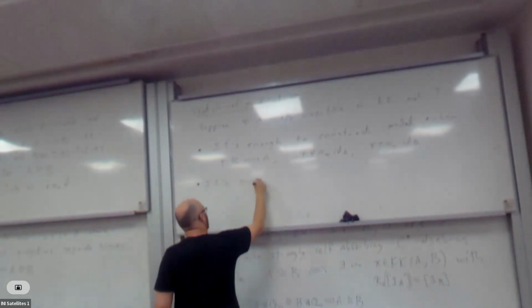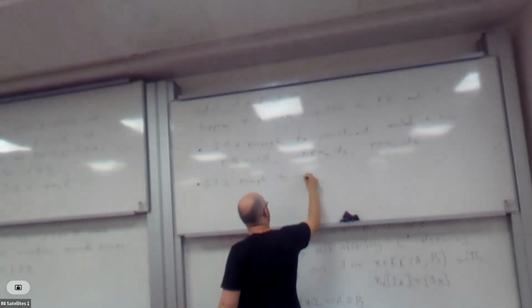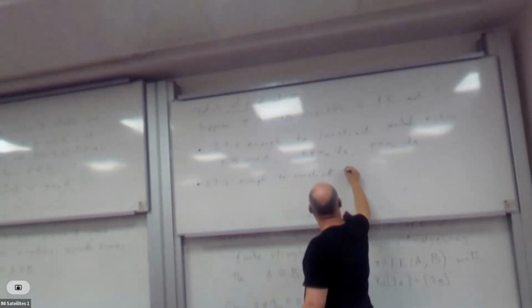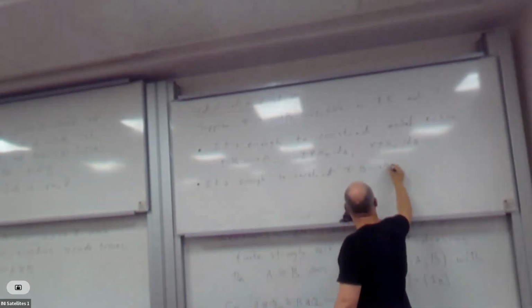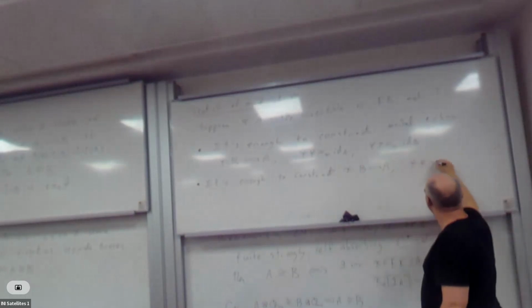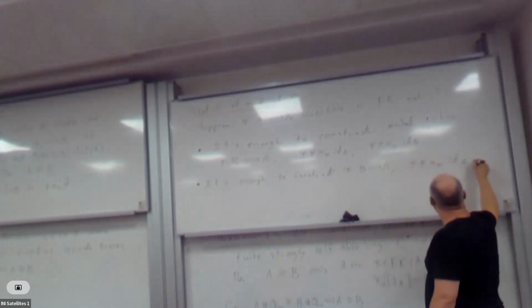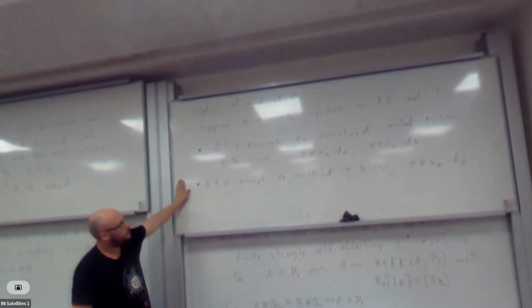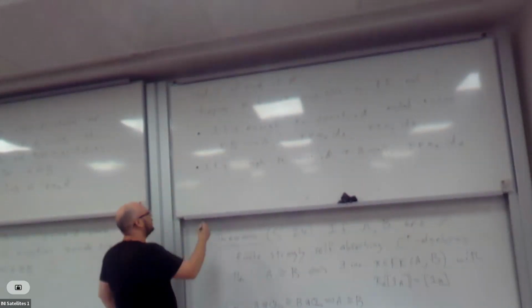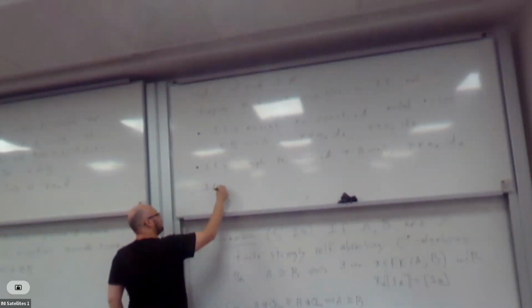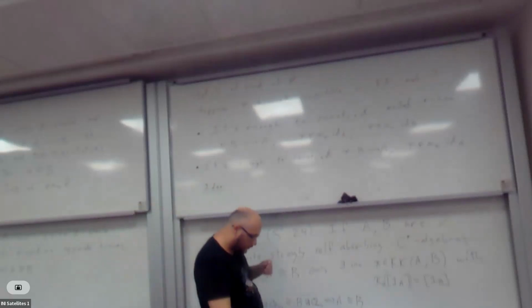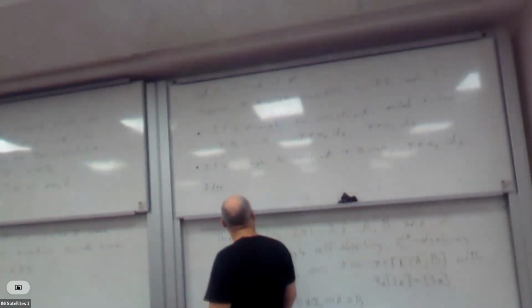Second reduction: it's enough to do half of this, and basically the conditions on phi and psi, or on A and B, are symmetric.